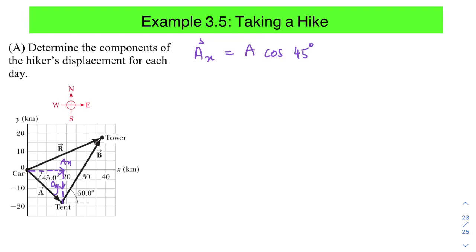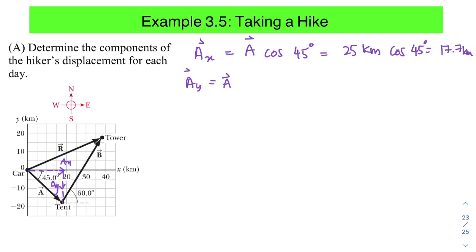Okay, positive. It's pointing to the right. And then it gives you 25 kilometer cos 45 equivalent to 17.7 km.